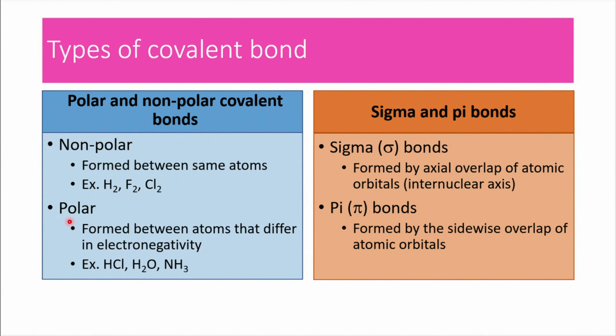When we talk about a polar covalent bond, it is formed between atoms that differ in electronegativity, say for example HCl, water, ammonia, methane, etc. When we talk about sigma and pi bonds, the sigma bonds are formed by axial overlap of atomic orbitals across the internuclear axis, and pi bonds are formed by the sidewise overlap of atomic orbitals.